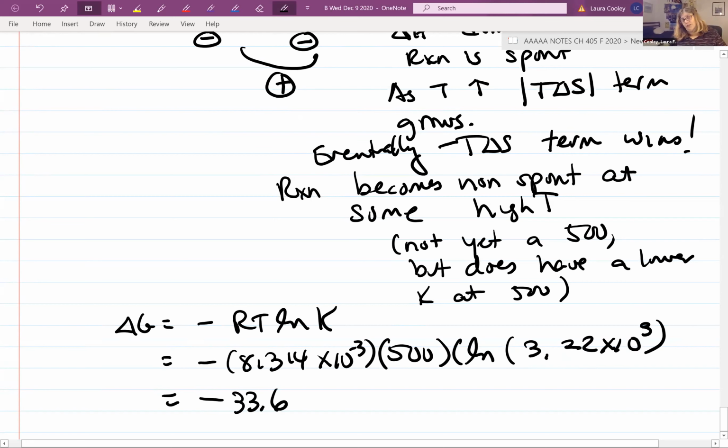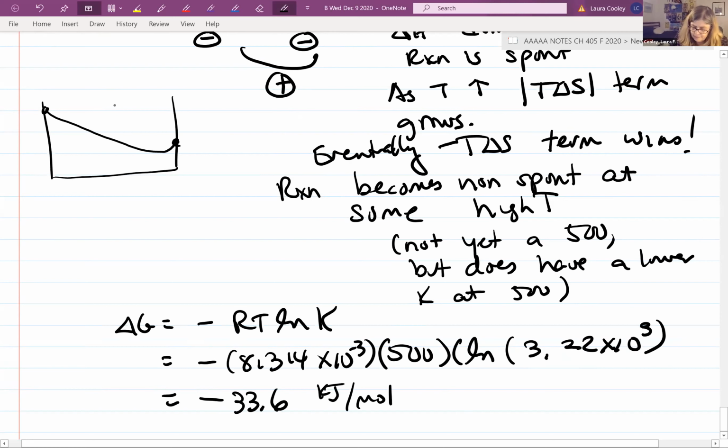It was like negative 91 at 298. So the equilibrium wouldn't be as far to the product side.